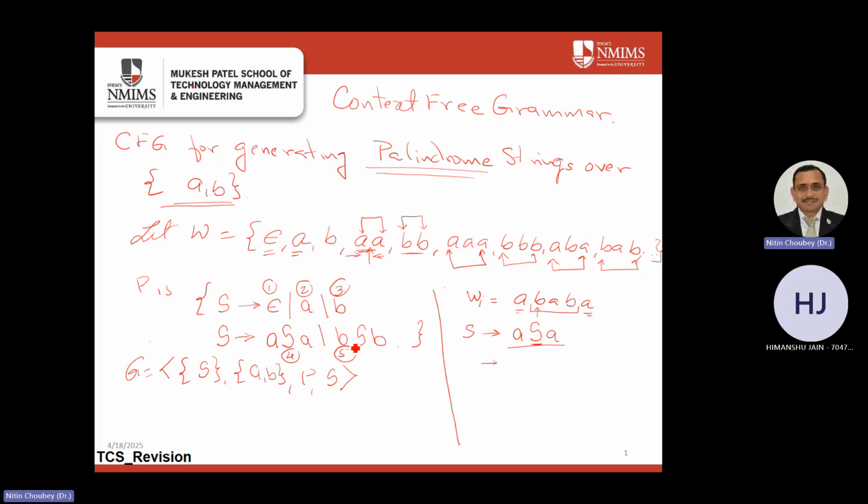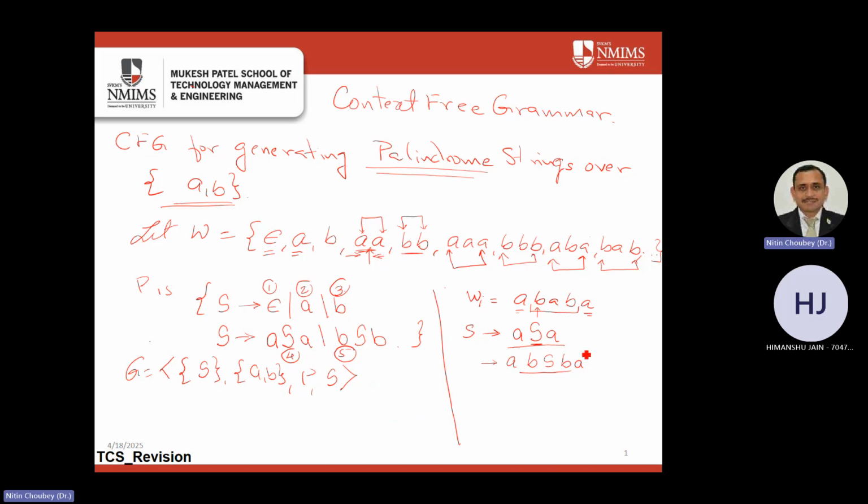If we go with rule number 3, we will get only A, B, A, which is not our result. Rather, we want A, B, A, B, A. So we must go for rule number 5, which will give us A, B, S, B, A. That means this S has generated B S B.